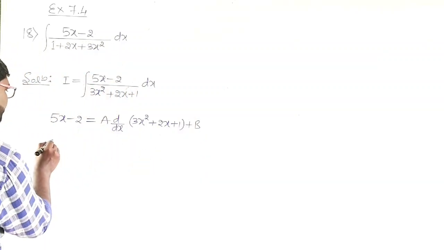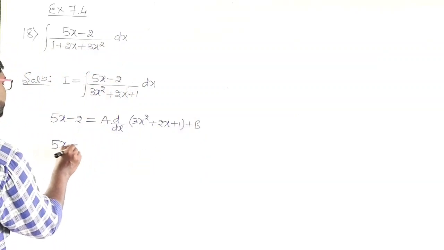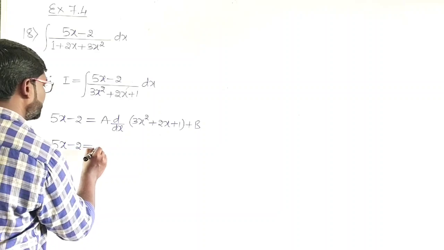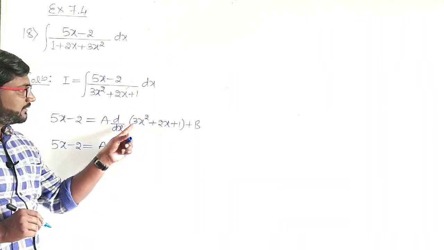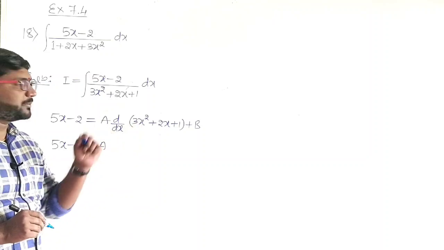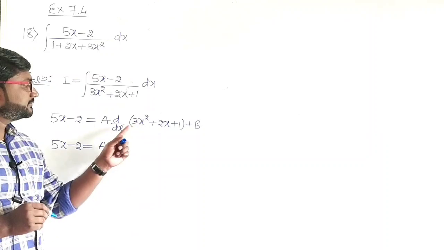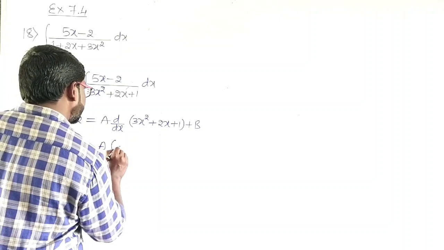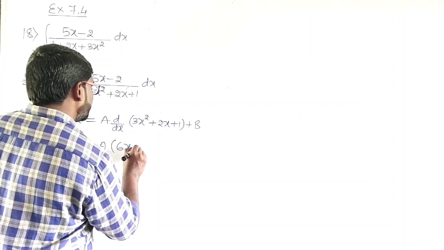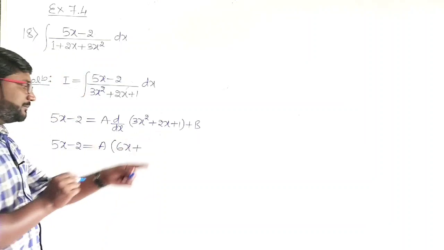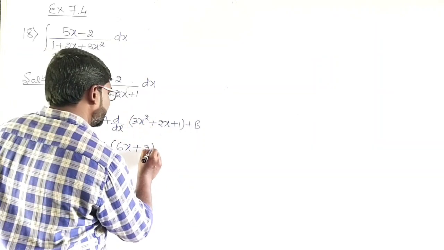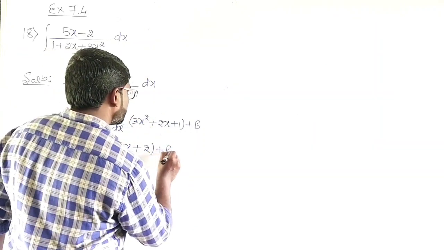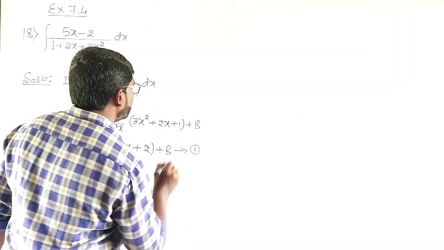In the next step, 5x minus 2 equals A, I write it as it is, then take the derivative of this. I write 3 as it is. What is the derivative of x square? It is 2x. 3 into 2x will be 6x, plus the derivative of 2x, which is 2, then the derivative of 1 is 0, that I am not writing, plus B. I call this equation number 1.